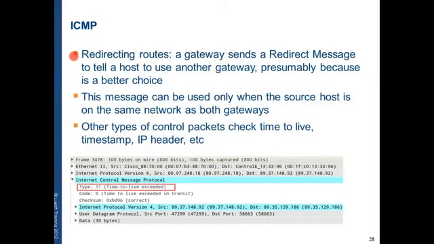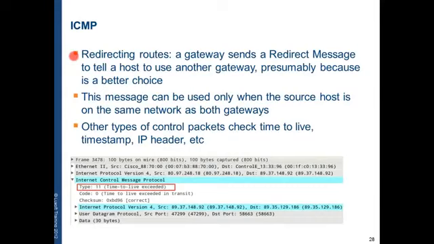Another use of ICMP is redirecting routes. You can have a situation when you have 2 gateways in a subnet, and one is for a host. One of the gateways is a default gateway, while the other one, let's say, is a link to the exterior, to the internet. A host will send the packet to the default gateway, but this gateway will recognize that the packet should be sent to the other gateway linked to the internet.